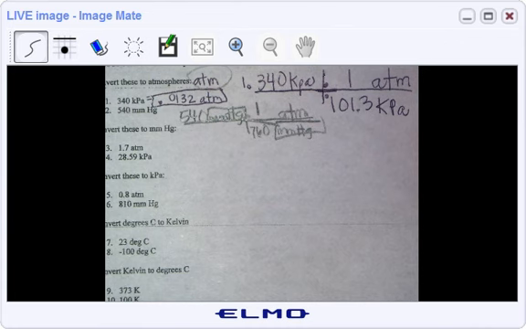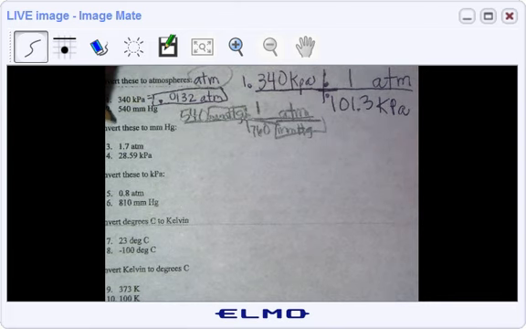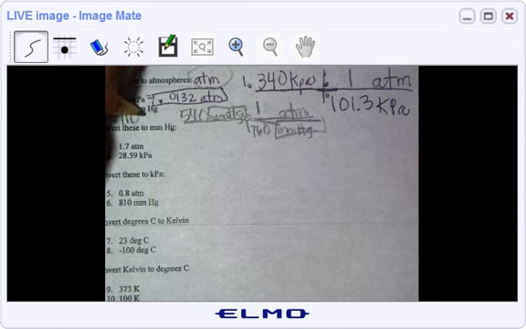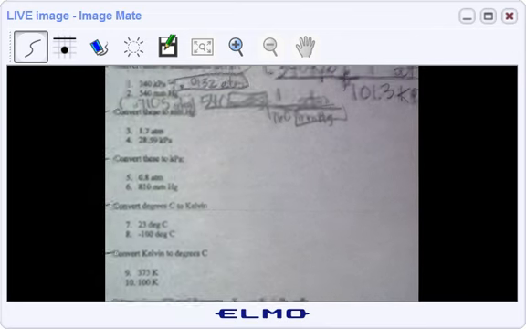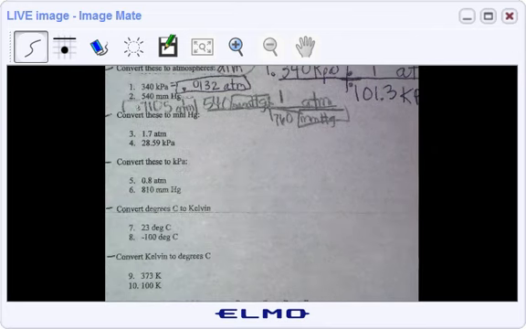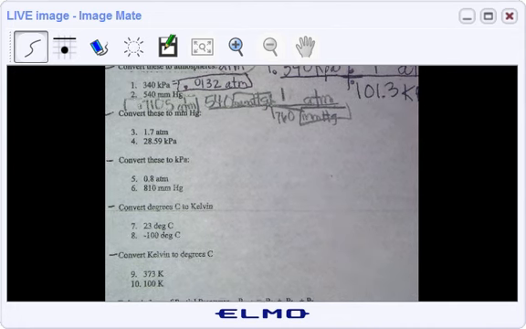So you get 540 in your calculator divided by 760. And that's what I got, 0.7105. Did anybody get anything different? No? Okay. I'm going to go ahead and go down to the bottom.